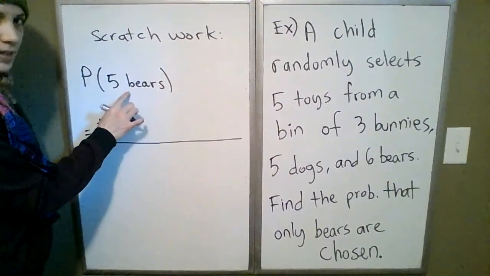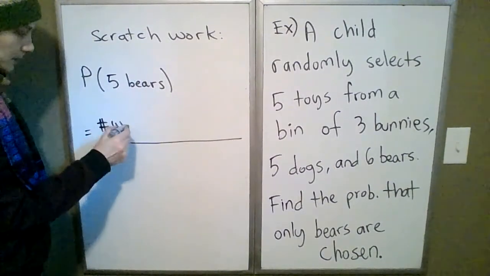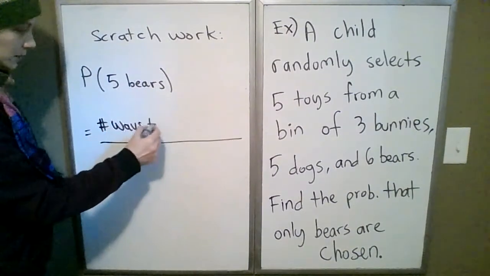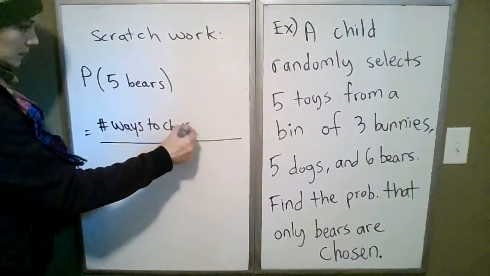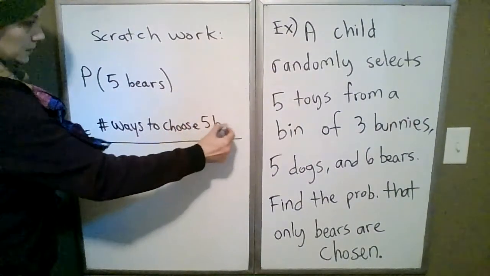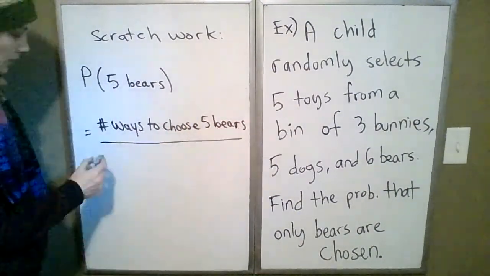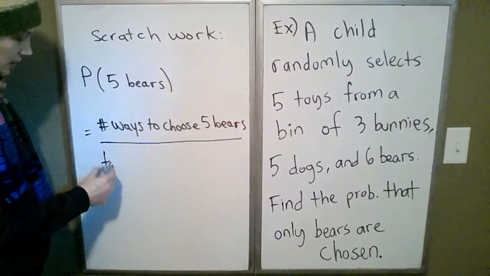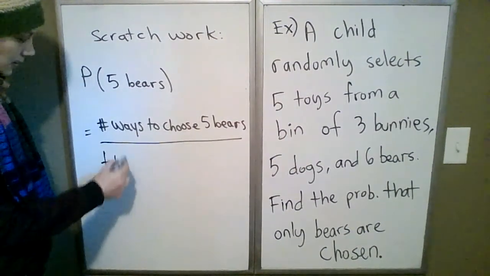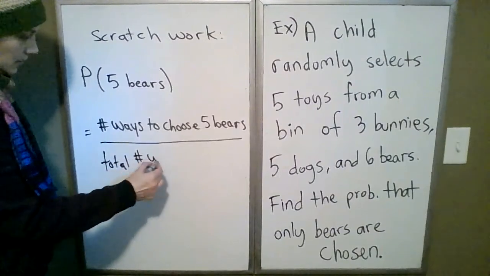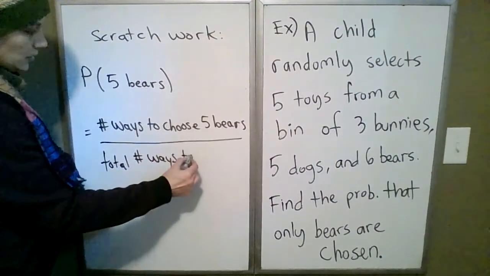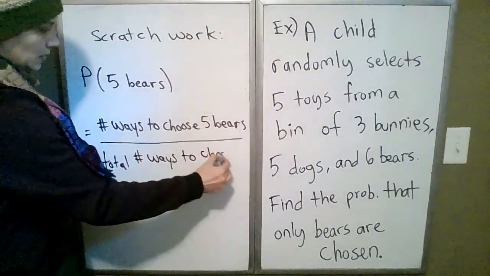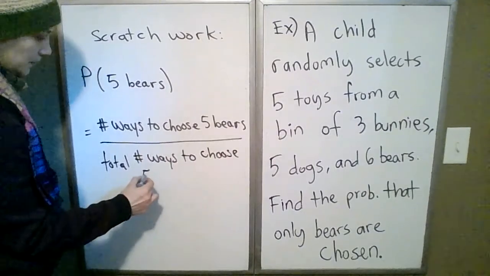The number of ways that event can occur, out of the total possibilities, the total number of ways to choose 5 toys.